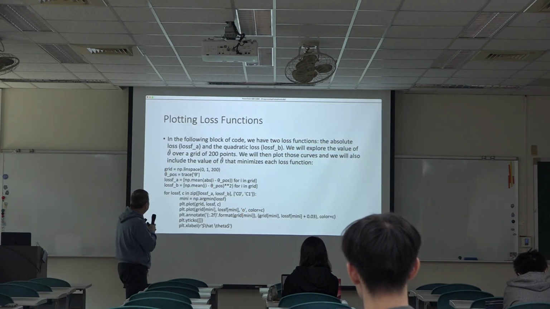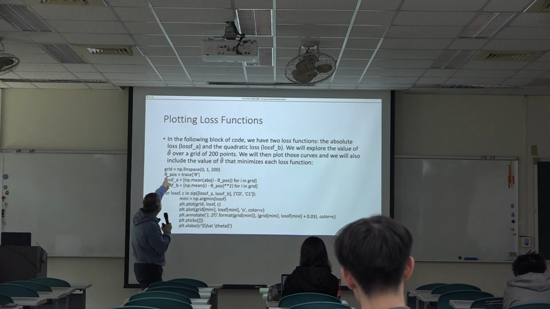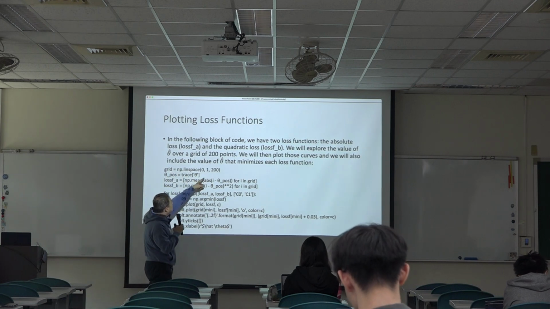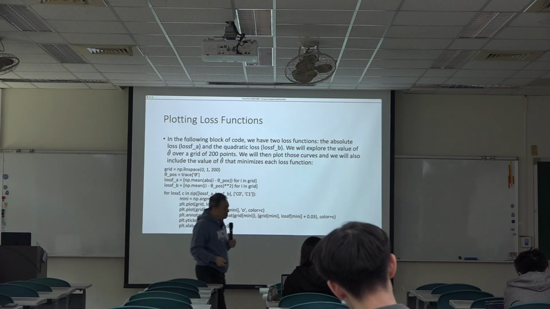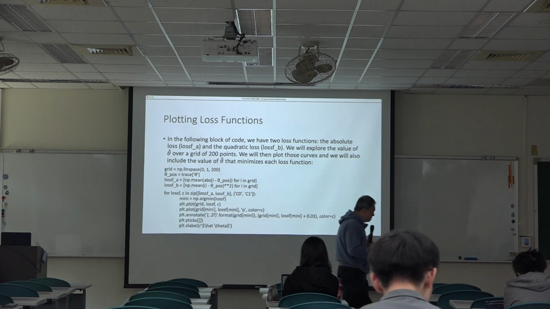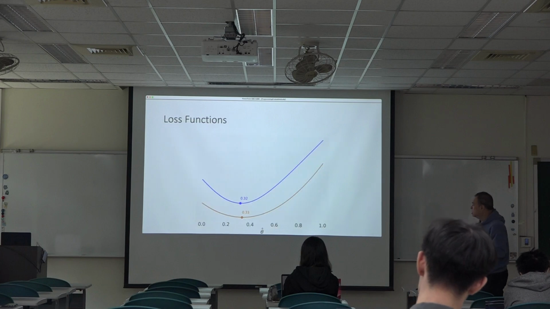You can see here we generate 200 grid points in a range of 0 to 1, and then we do that. So it's actually very simple. You can use a very complicated loss function. That's not the issue.